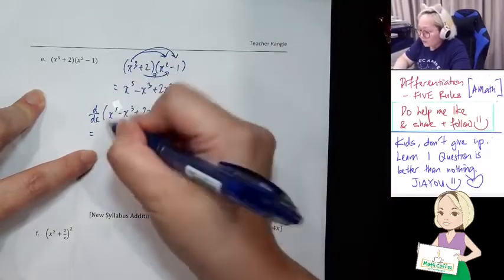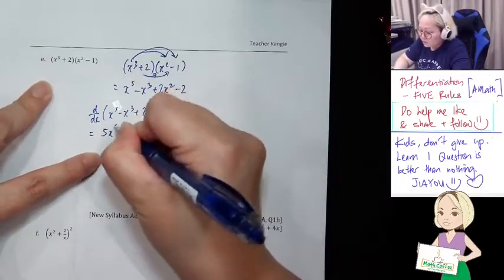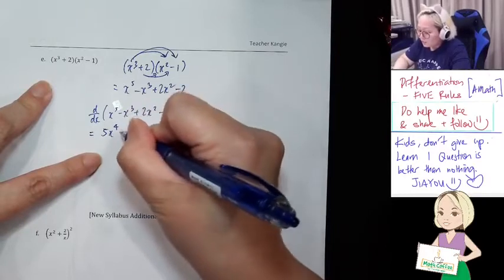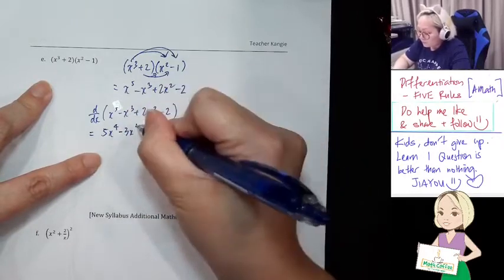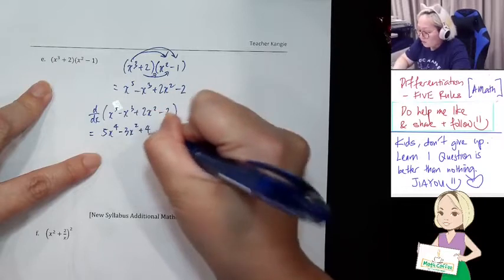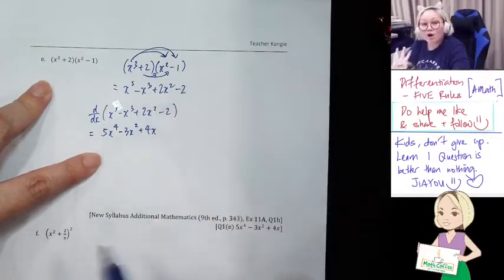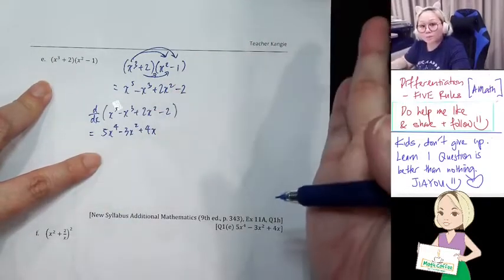Power bring down, so it's 5x, power minus 1, so it's 4. Then 3, so it's minus 3x squared. 2, so plus 4x. When you differentiate a constant, it is 0.